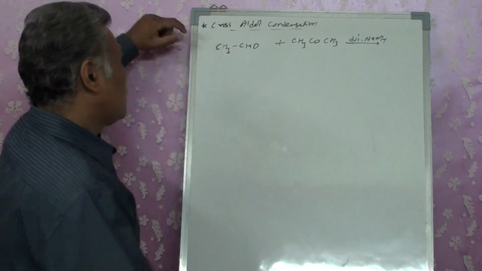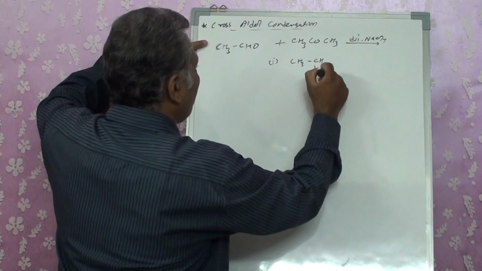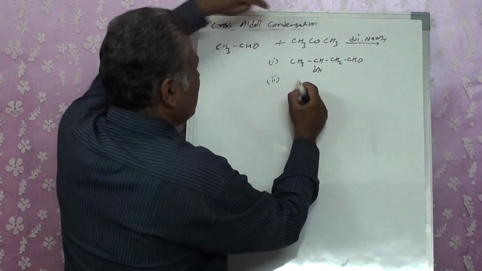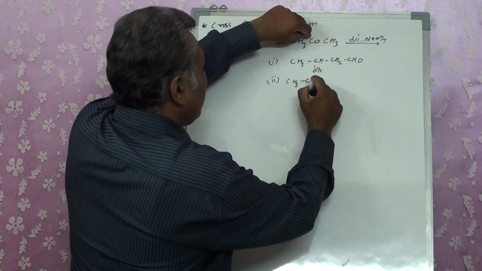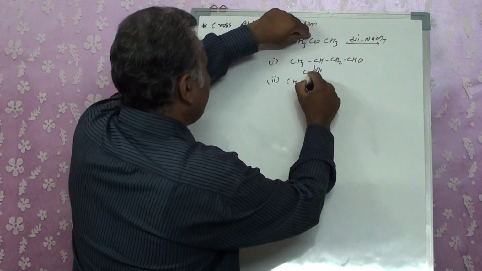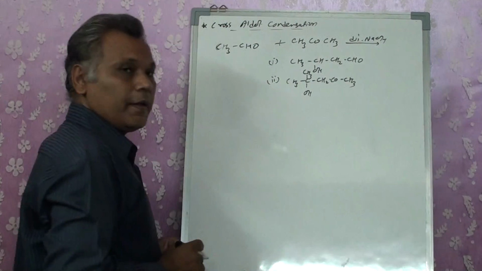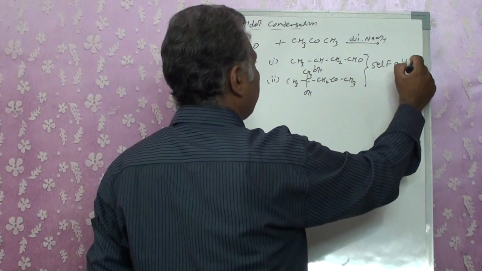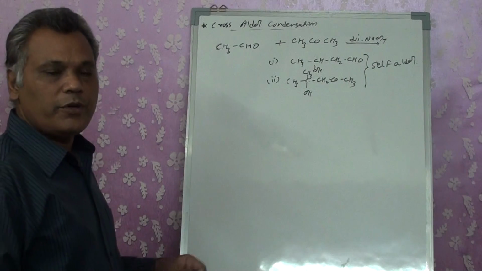So the self products, the first product we will get is CH3CHOHCH2CHO. The second product is the self product of the ketone, CH3C(OH)(CH3)CH2COCH3, right? These are the self aldol products. We already saw it in a previous reaction.